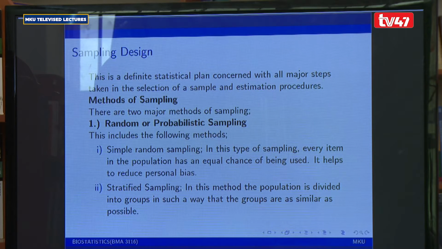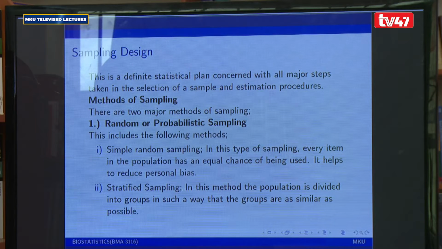So eventually, a researcher has to narrow down and come up with a smaller section of the population, avoiding as much bias as possible, to come up with a representation of the whole population. So a sample design is a definite statistical plan concerned with all the major steps taken in the selection of a sample and estimation procedures.